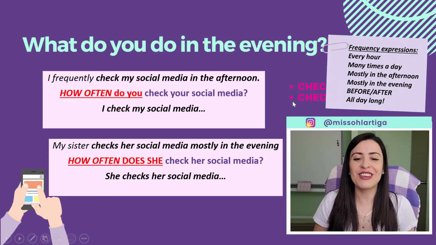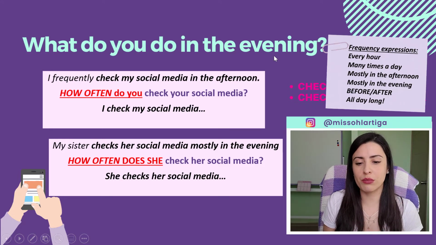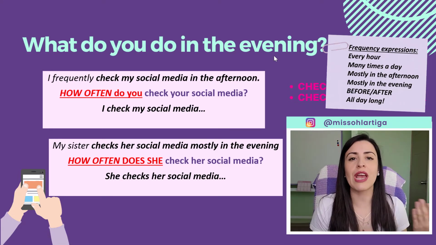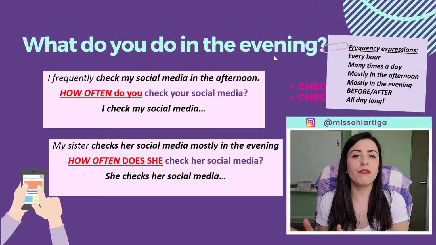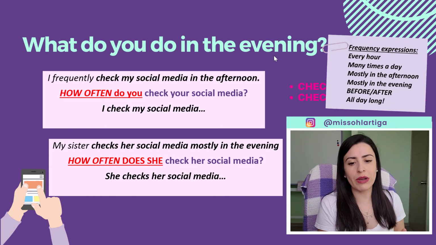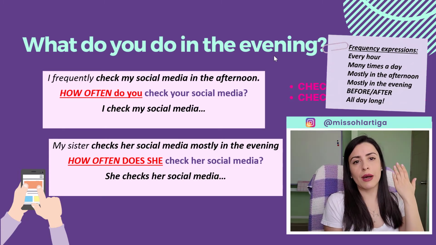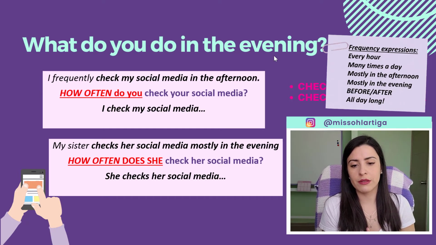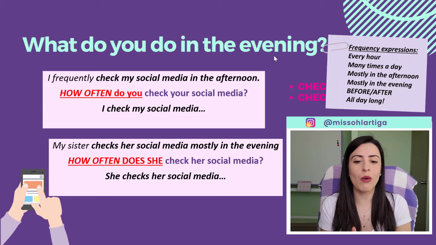Okay, what else? You can transform this sentence into third person as well. You can say, my sister checks her social media mostly in the evening. If you want to transform that into a question, you might use does in order to create the question, right? So there you have a question in third person, which is how often?